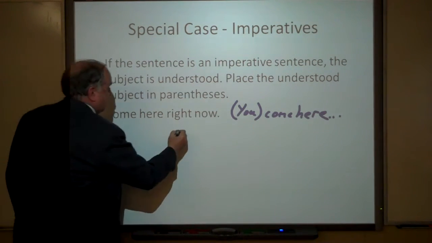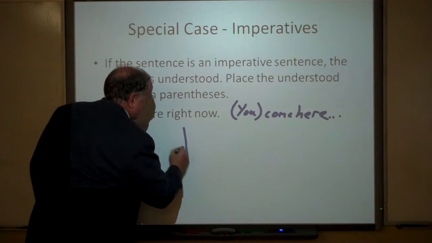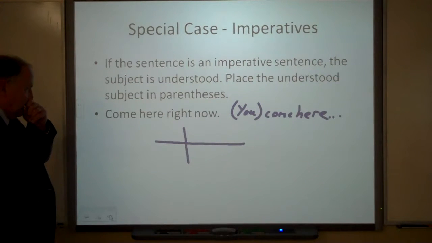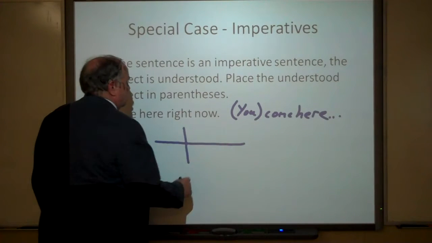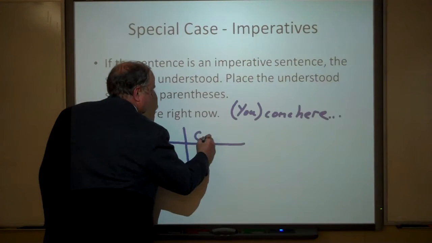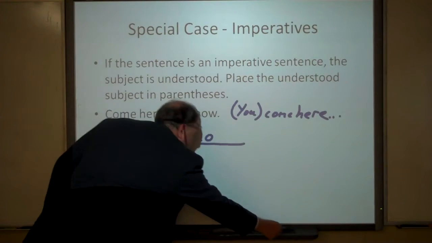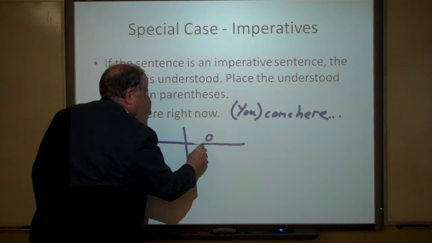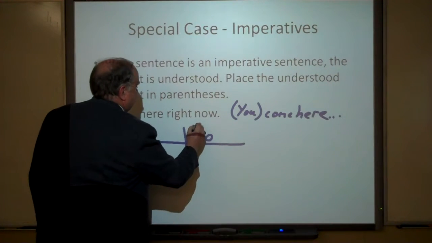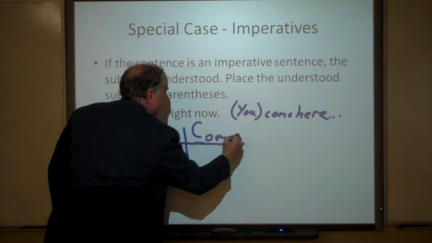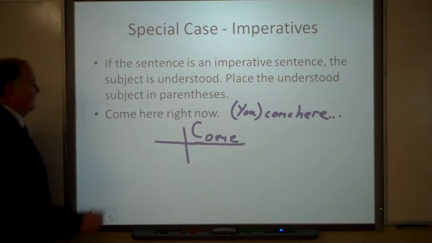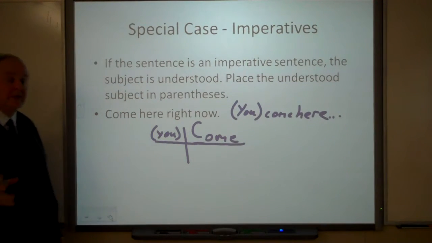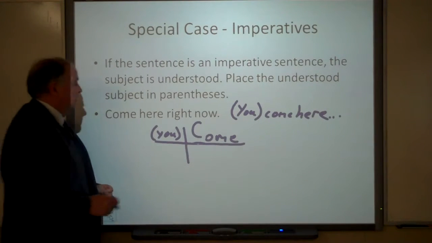So to diagram the sentence, have the main line and the vertical separating the subject from the verb. The verb is come. In the original sentence, come is the first word, so the C is capitalized. You is placed in parentheses, because it's you understood.